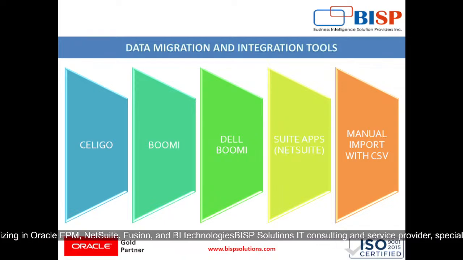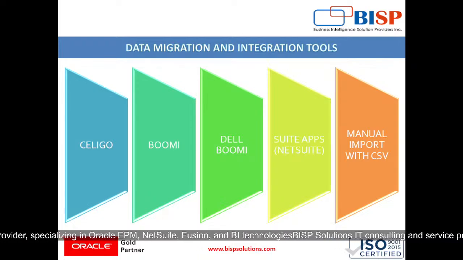Then SuiteApps in NetSuite, which is a marketplace for pre-built migration tools. And lastly, manual import with CSV, exporting QuickBooks data through CSV files and importing them into NetSuite using the CSV import assistant.